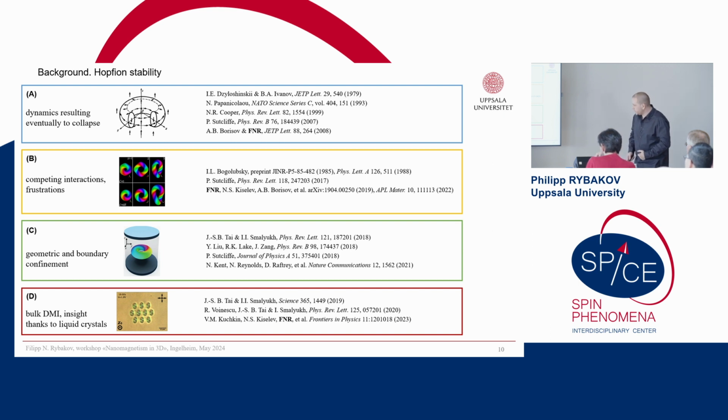And finally, there is another mechanism for stabilization. It is enough to have bulk Dzyaloshinskii-Moriya interaction, and in principle nothing else. This result is an insight thanks to liquid crystals. This video is from a Science paper by Tai and Smalyukh. Why are liquid crystals connected to magnets?